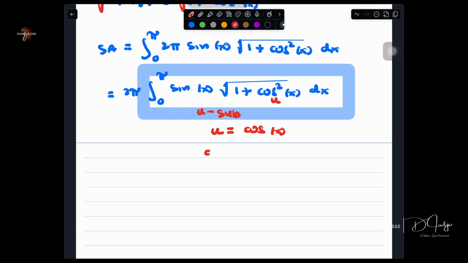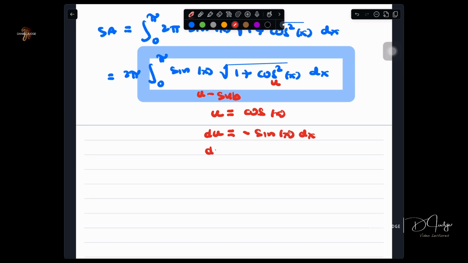And so du, derivative of cosine, is minus sine dx, so that dx becomes du over minus sine.